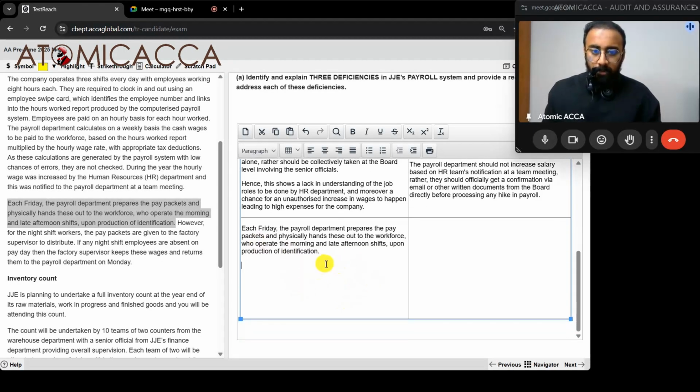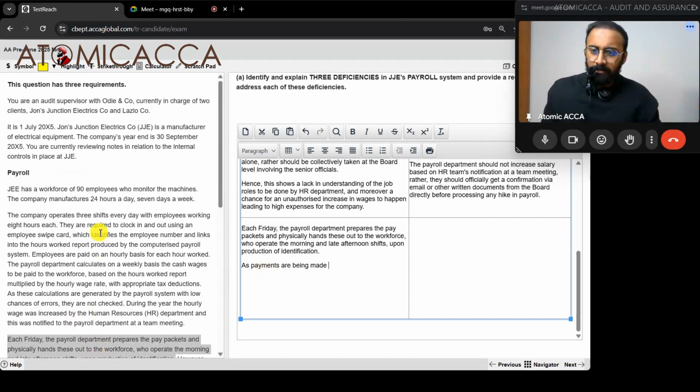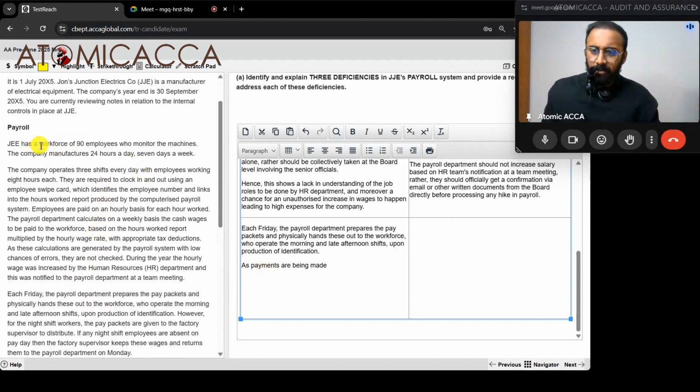So each Friday, the payroll department prepares the pay packet and physically hands these out to the workforce who operate the morning and late night shift upon production of identification. So as payments are being made, this doesn't look really okay, because first thing, this is a daily wages kind of thing.